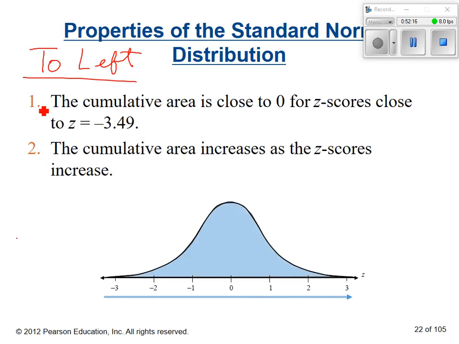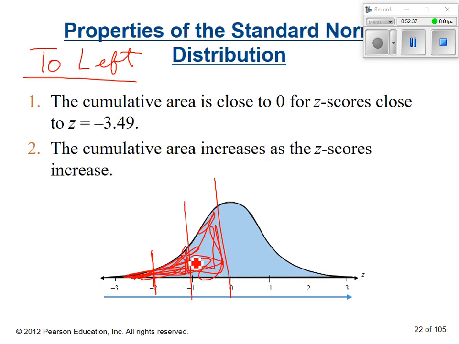Cumulative area increases as you go farther to the right. So in other words, if I come over here, now we're talking about this area. If I come over to here, now we're talking about all the area from there to the left. If I come to here, now we're talking about all that area.